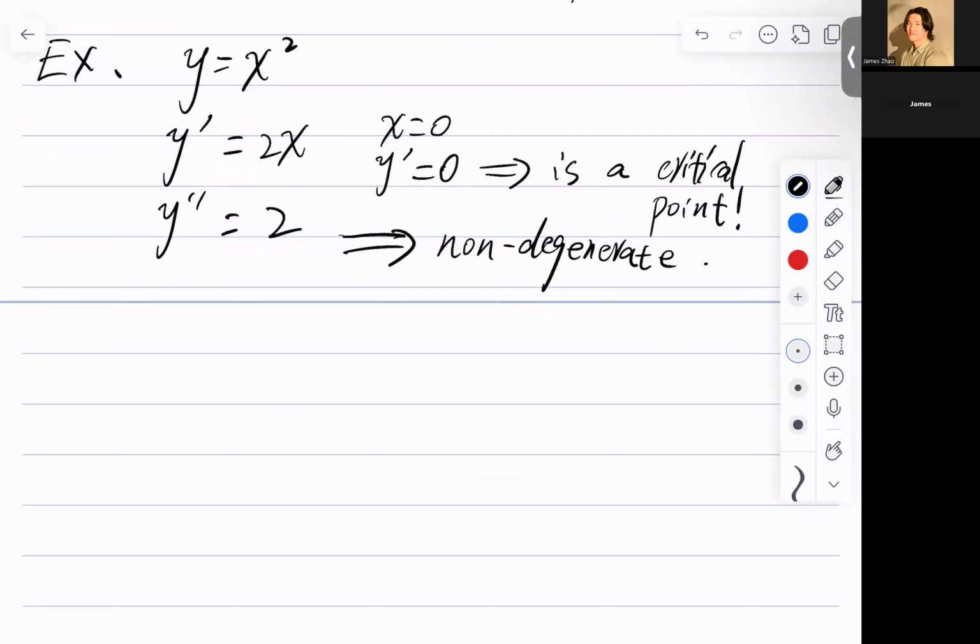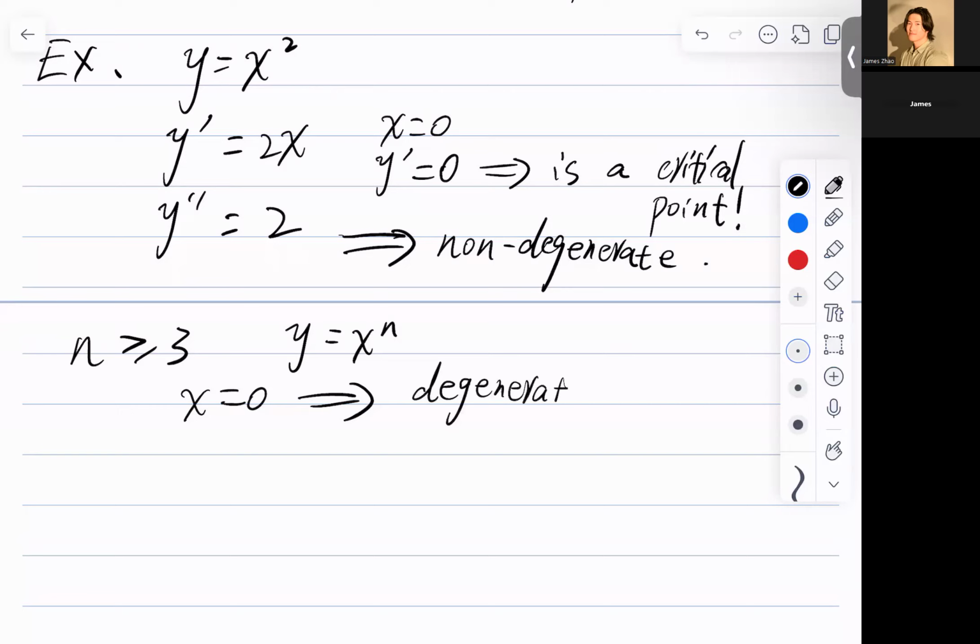And as we can see, if we have n greater or equal to 3, we will have critical point x equals 0 for y equals x to the n. For this class of functions, we actually end up having degenerate critical points.